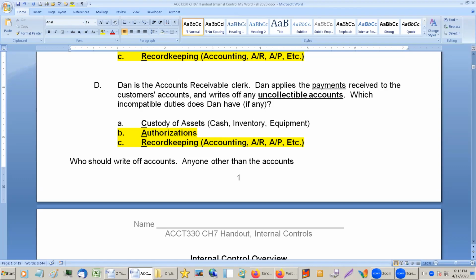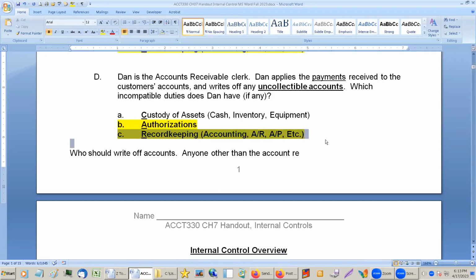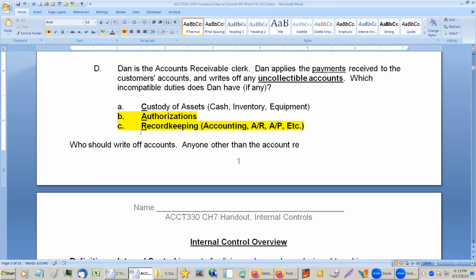Dan should definitely be doing the record keeping. This is the one that's really, you know, everyone should have one such duty, but with just one, there's nothing to be incompatible with. So if he was just applying the payments, you know, if he got a checklist and applied the payments, I'm going to change this one too.